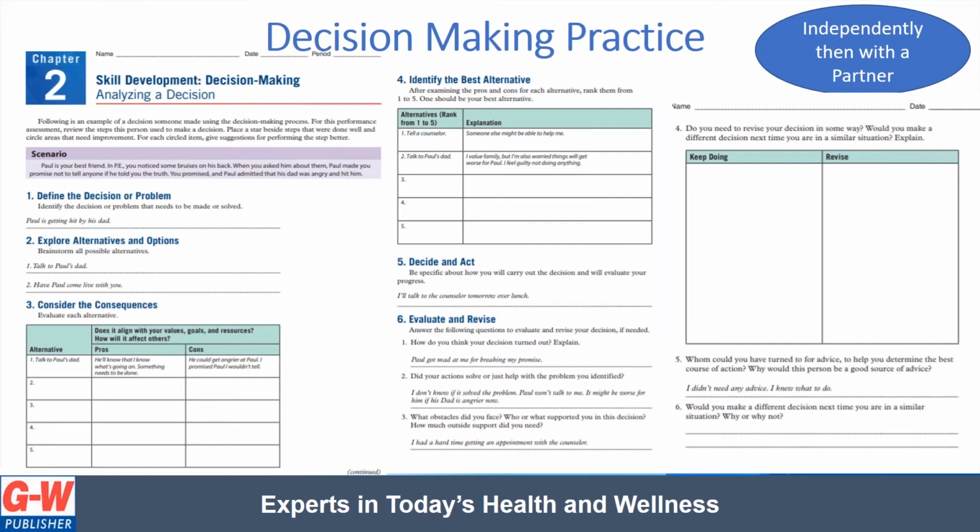And for the circled areas, the students will give suggestions for performing the step even better. So I suggest that students do this independently first. Since they've already practiced with a partner on a few occasions, let them have a chance to do it independently first. And then once they're finished, allowing them to debrief with a partner, make changes, and improve their activity.